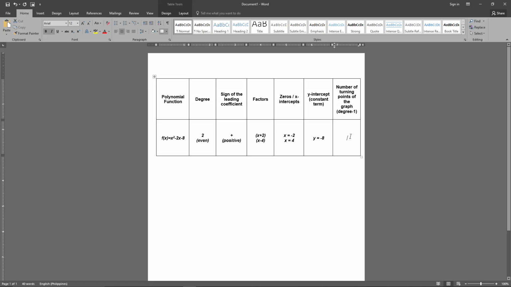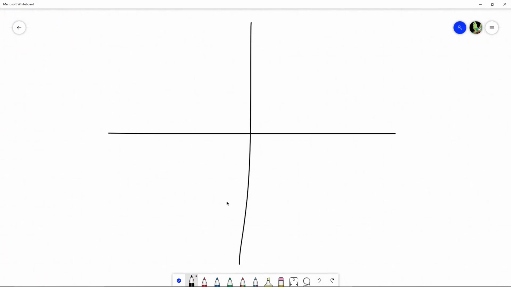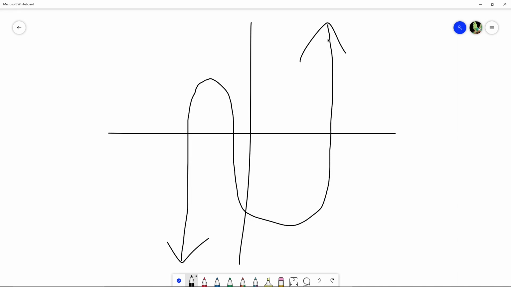Next, the last column is about the number of turning points of the graph, which, as explained in the instruction here, I'm going to explain as well. This is the Cartesian plane. Example: based on this graph right here, the turning points are the points where we turn our graph in order to go in another direction.